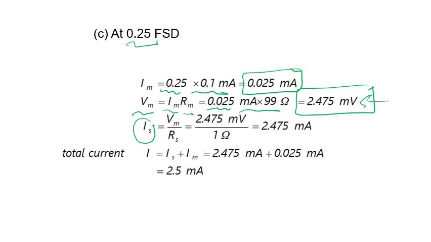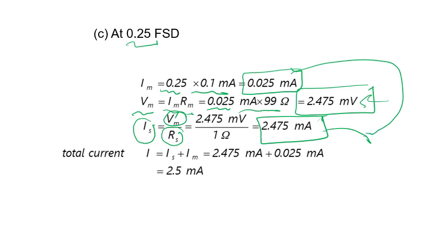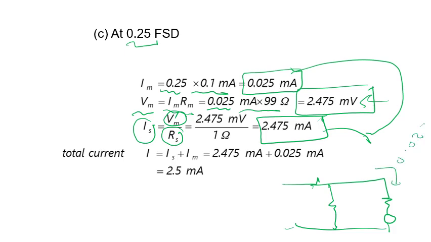I shunt equals this voltage divided by R shunt, which is found to be this much. Now this current and this current are together coming from the input. Again, to make things clear for you, just now we calculated the current here is 0.025. The current here is 2.547, all in milliampere.